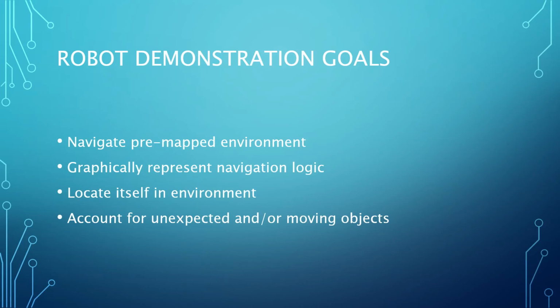That is, in the event that the robot is placed in a random location, it can identify its surroundings. Finally, we would like the robot to be able to account for unexpected and removing obstacles.